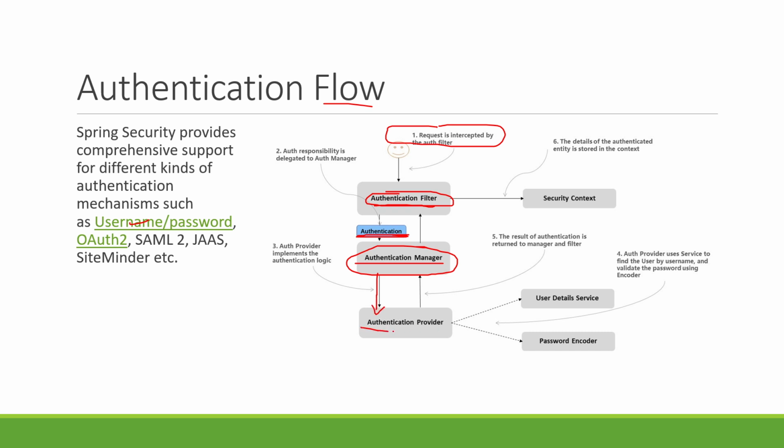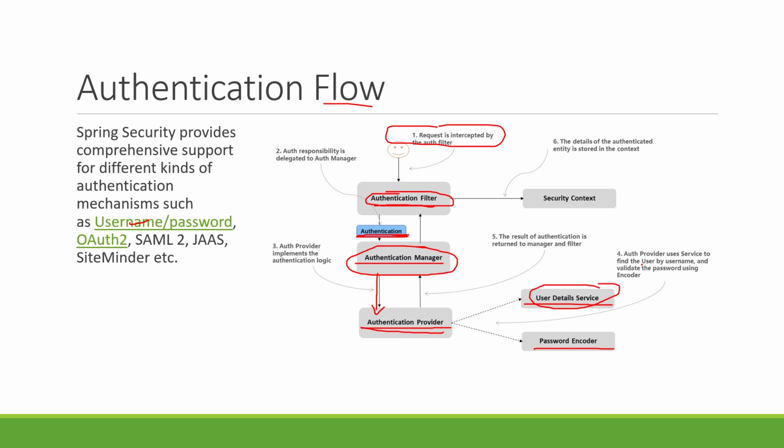And for the authentication provider, there are some built-in ones, and you can also write your own. We will take both cases later. The authentication provider requires two things in order to do authentication: one is the UserDetailsService, one is the password encoder. UserDetailsService is an interface which has a method we have to implement called loadUserByUsername.